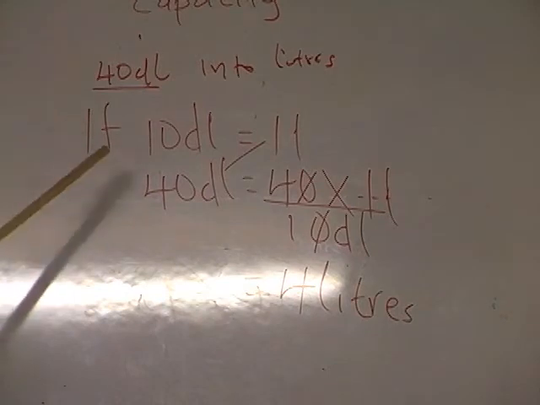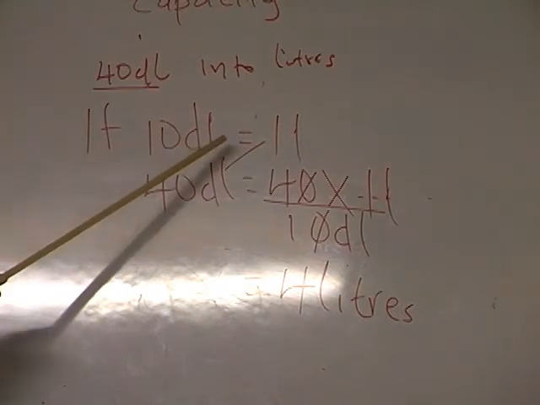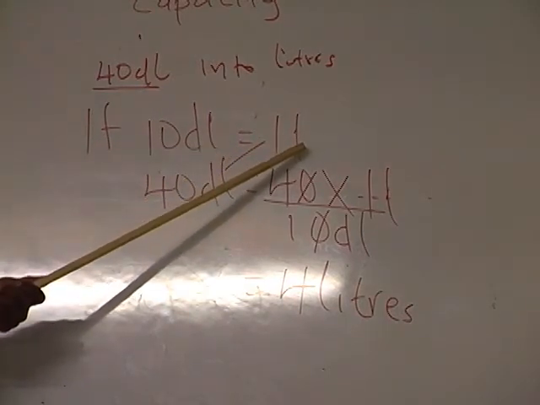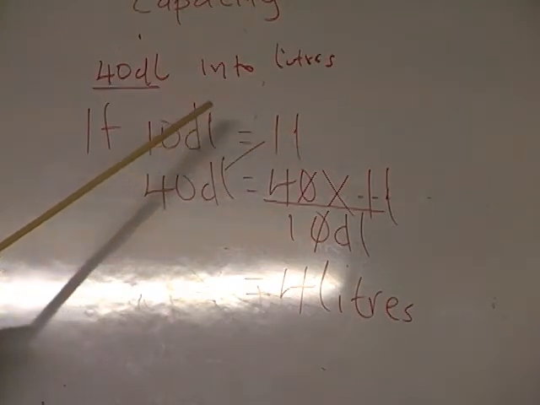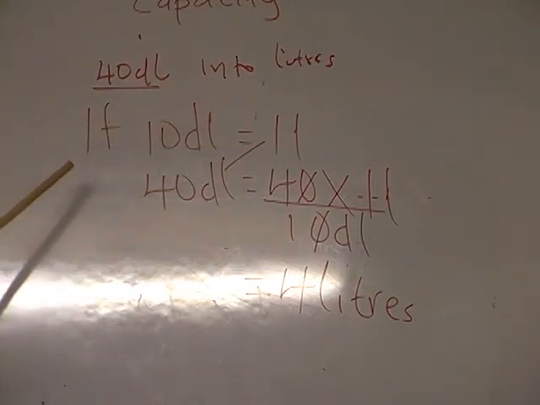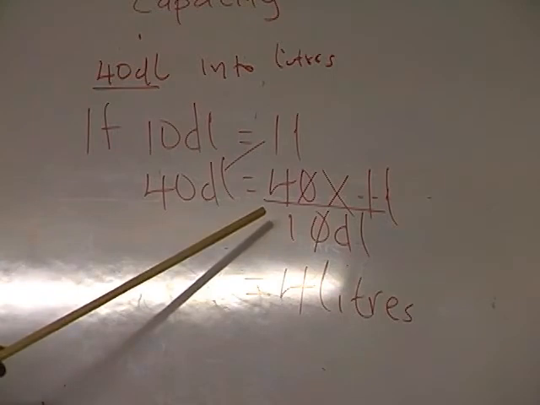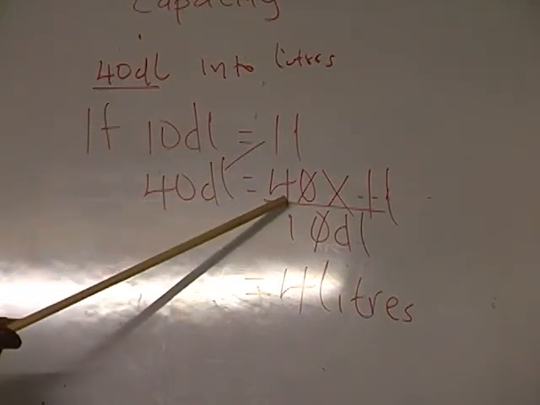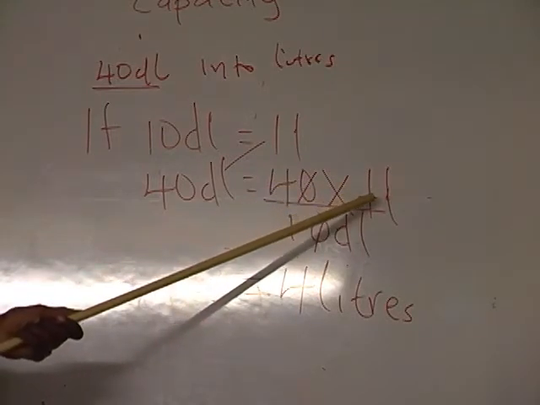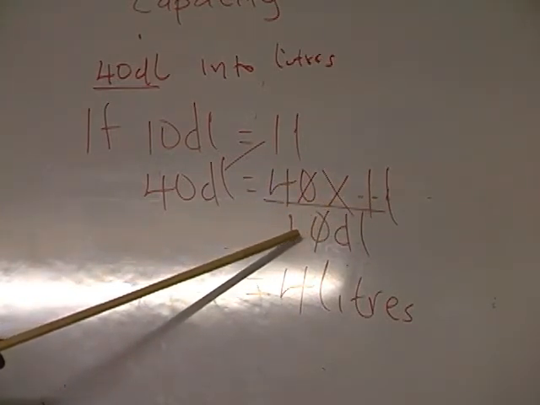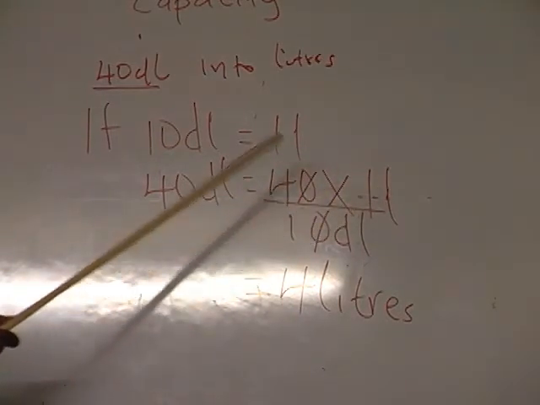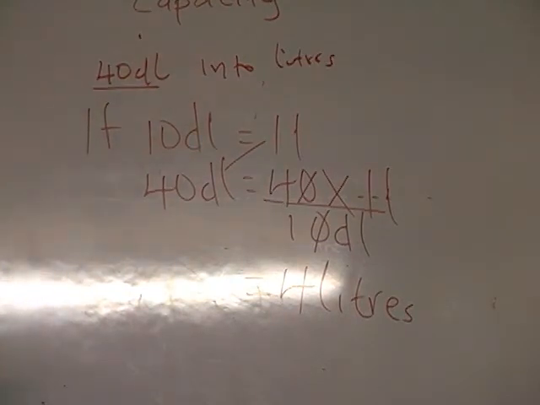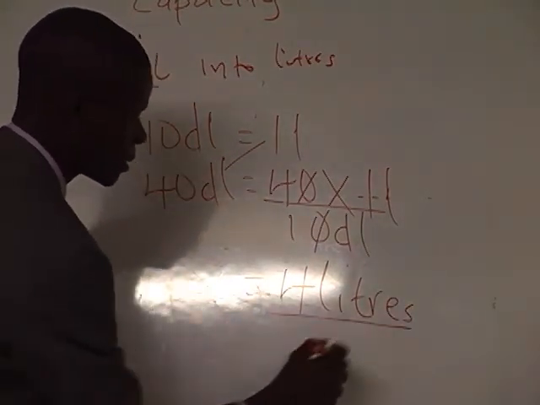So he started by saying 10 deciliters is equal to 1 liter. Therefore, how many liters are there in 40 deciliters? So he did 40 times 1 liter and divided by 10. When the answer was simplified, he was able to get 4 liters.